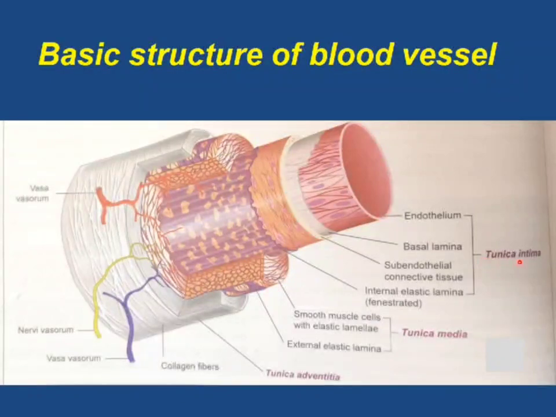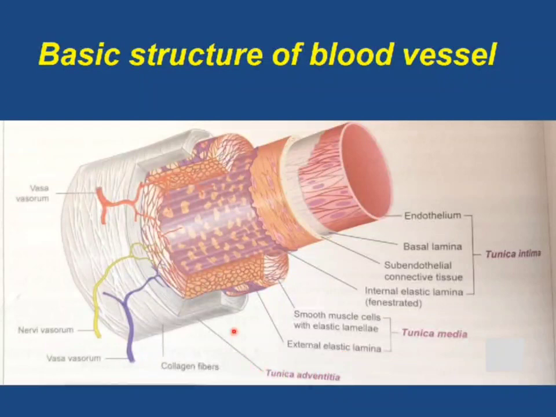So this is the diagram showing the basic structure of a blood vessel. You can see the tunica intima consists of endothelium lying over the basement membrane, the subendothelial connective tissue limited by the internal elastic lamina. The next layer is the tunica media containing the smooth muscle fibers and elastic fibers limited by the external elastic lamina.